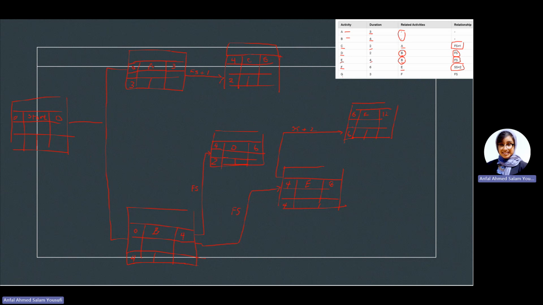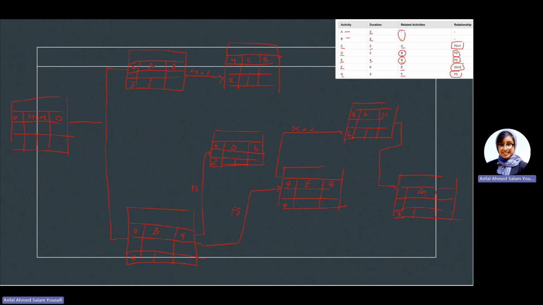Let's do G. G is after F. I'm going to draw it somewhere in here because I do not have enough space. So this is my G, and the relation is finish to start, meaning you finish F and then you can start G. The duration is 3 days.